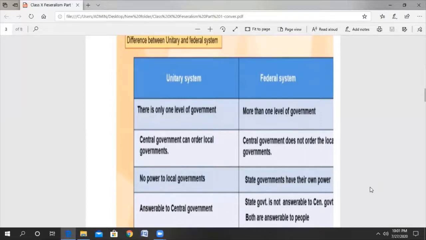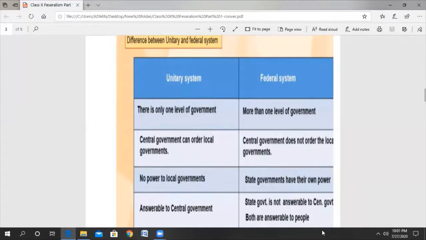On the other side, in a federal form of government, the central government cannot order the state government, because they all have equal statutory powers and they are functioning independently. Now let's move on to the third point under the unitary system.